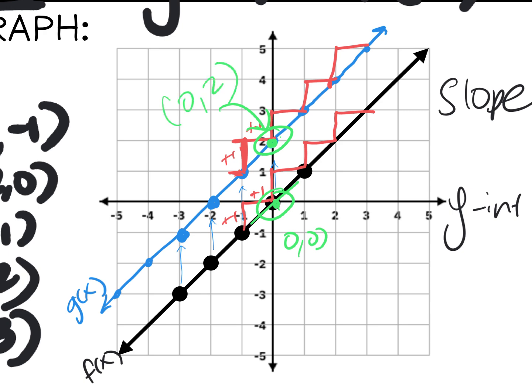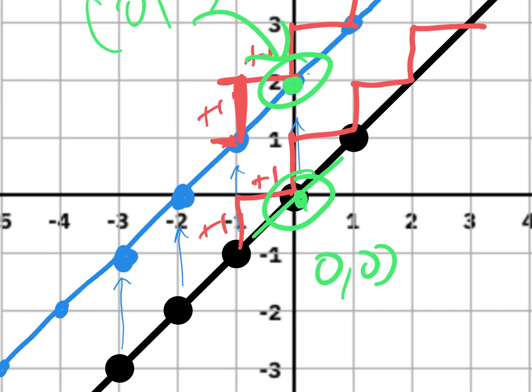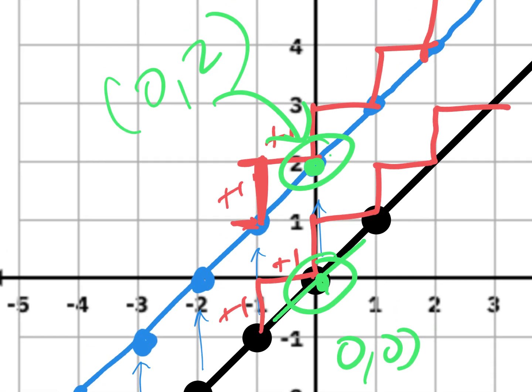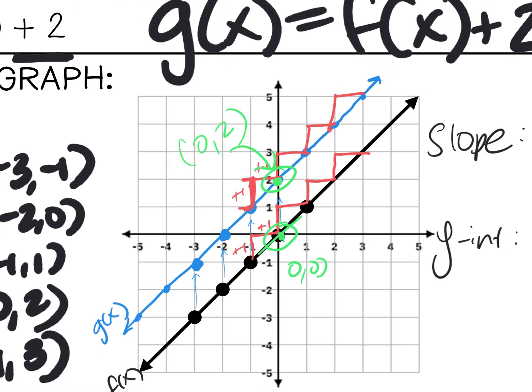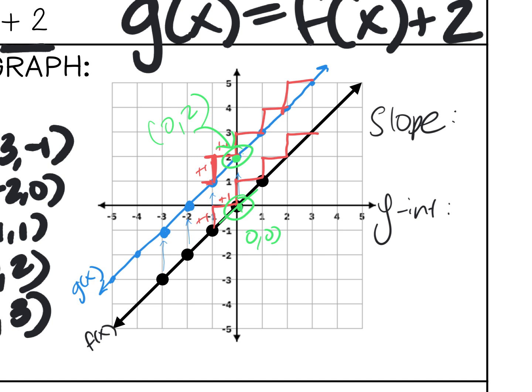So the y-intercept changed. It changed from 0, 0. When we moved it up, now it crosses at 2. So the y-intercept changed from 0, 0 to 0, 2. The slope stayed the same.